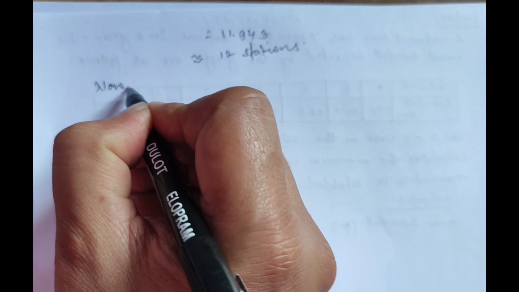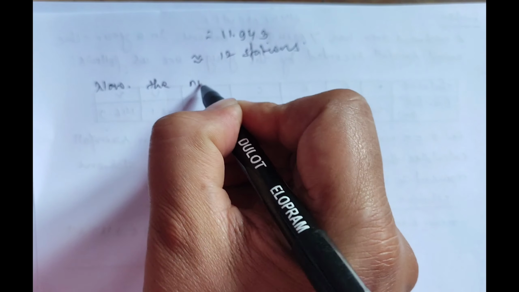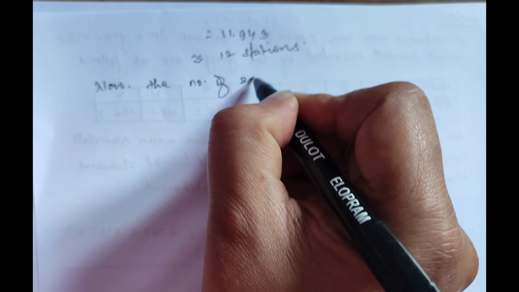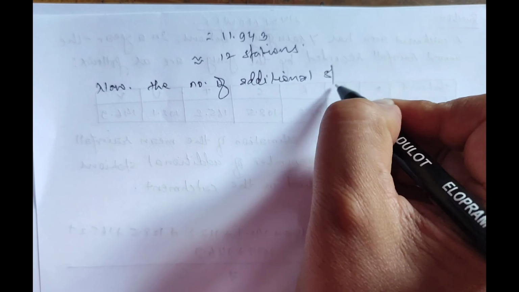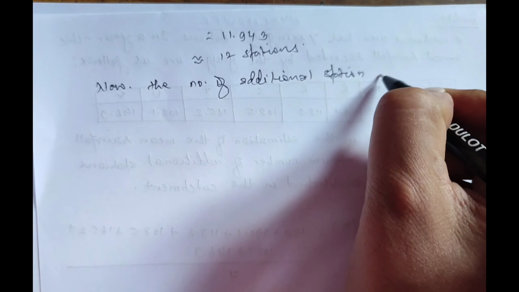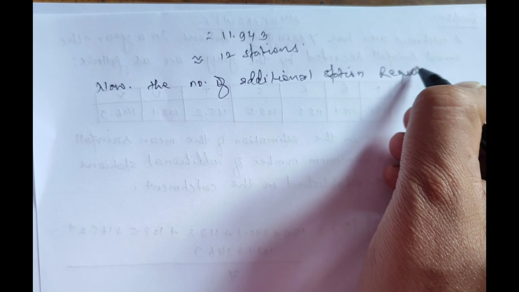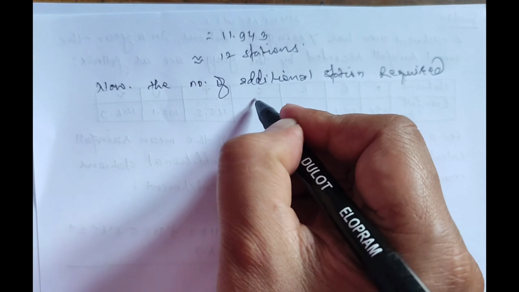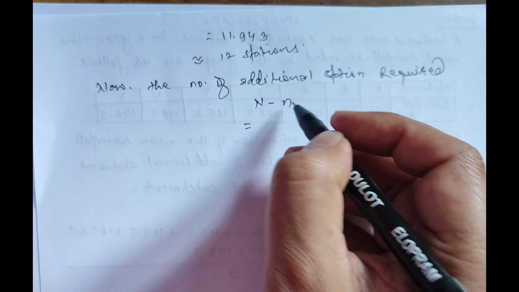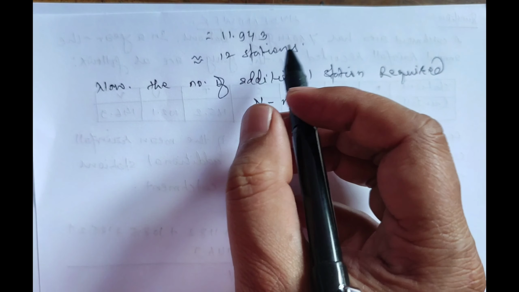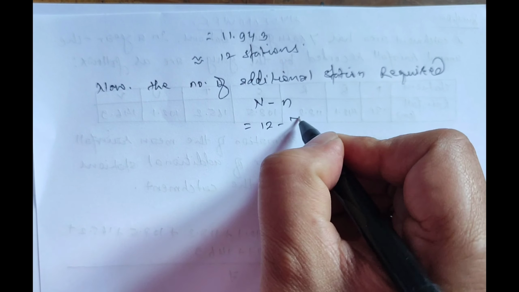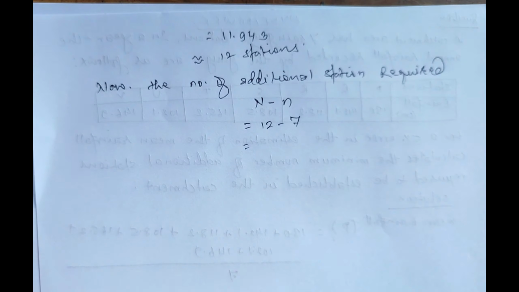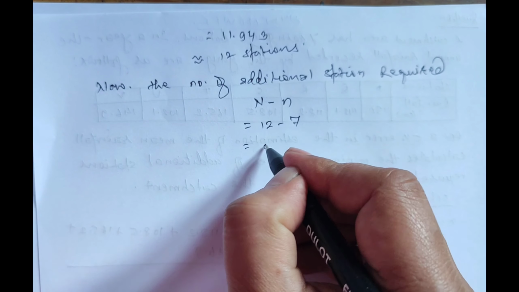The number of stations required is capital N minus small n, where capital N is the calculated 12, and small n is the previously given data, which is 7. So 12 minus 7 is 5.